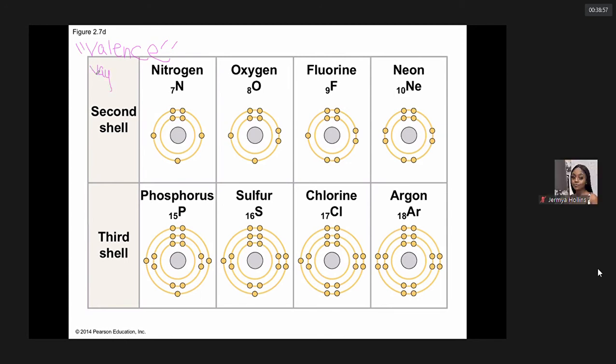It's like V-A-Y, valence. So these are valence electrons. What are valence electrons? Valence electrons are those electrons in the outermost shell.